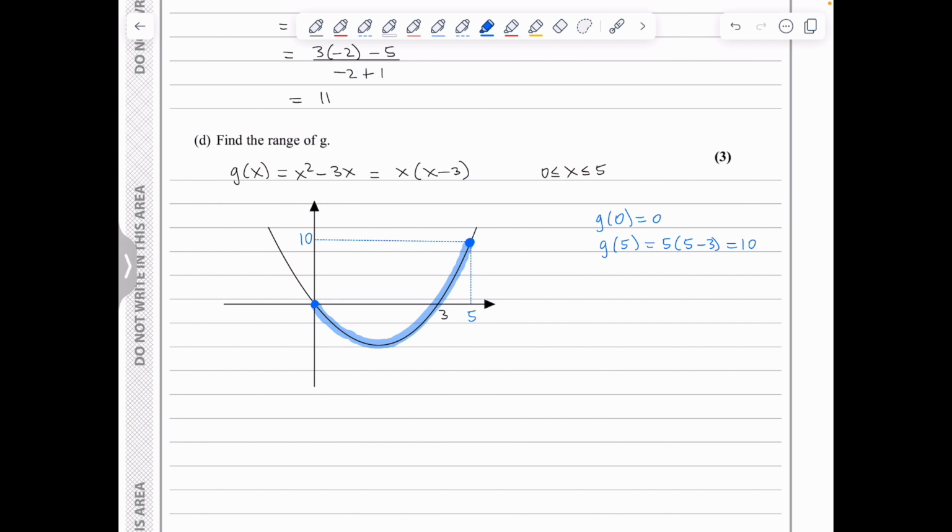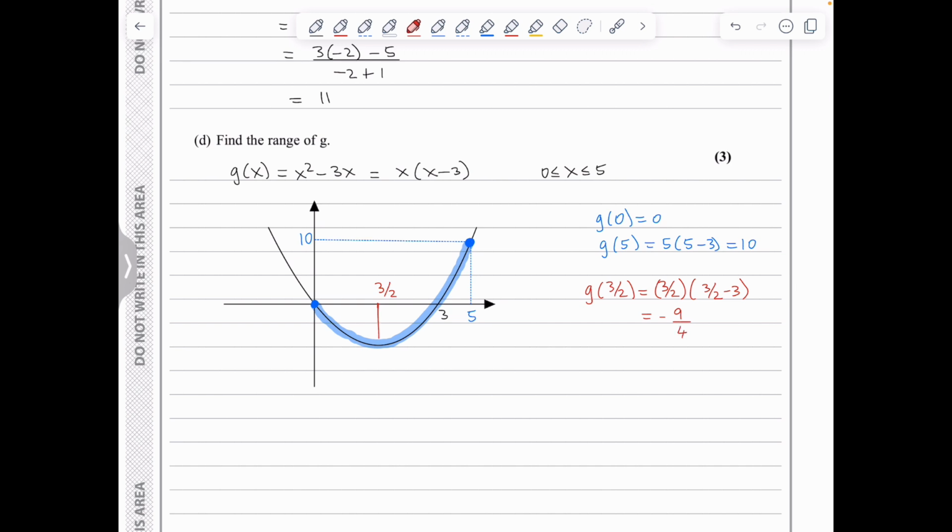And we also need to determine the y value for the minimum point over here. By symmetry, this should be the midpoint of the two cuts, so this should be 3/2. So g(3/2) is 3/2 × (3/2 - 3), which gives an answer of -9/4.